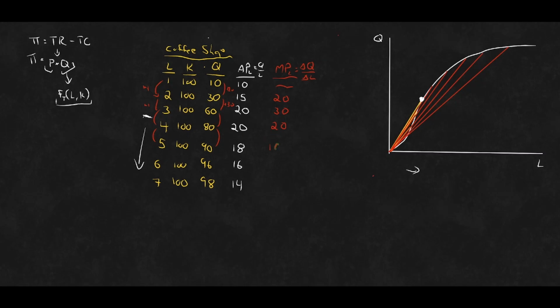So there's my marginal product of labor. 5 to 6, an additional worker gave us only an additional 6 cups of coffee. And then finally, 6 to 7, an additional worker only gave us an additional 2 cups of coffee. So what we witness is that we don't just have diminishing average product, but we also have diminishing marginal products.